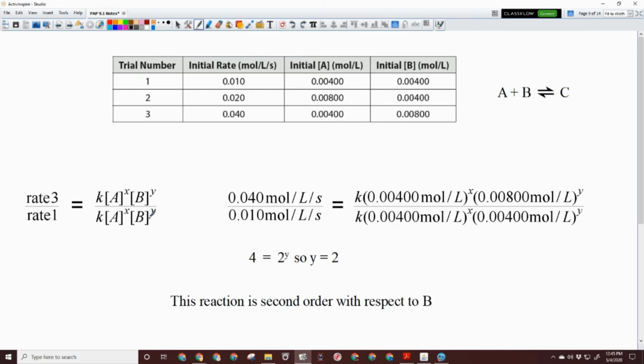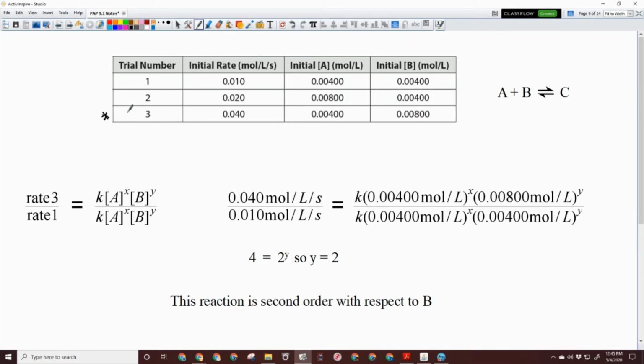If we substitute in our numbers the exact same way, we're going to take 0.040 here, divided by the rate here, 0.010. It's going to be equal to, so this is trial 3. I'm sorry, trial 3, right?